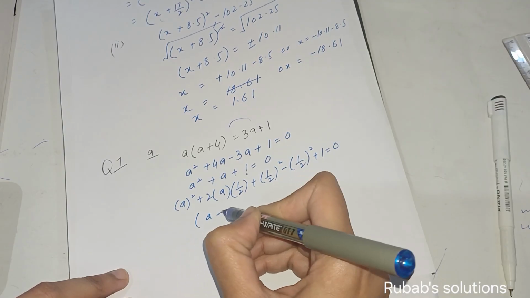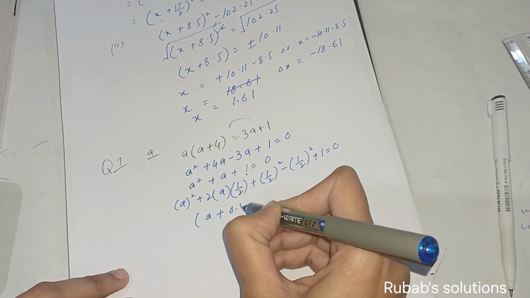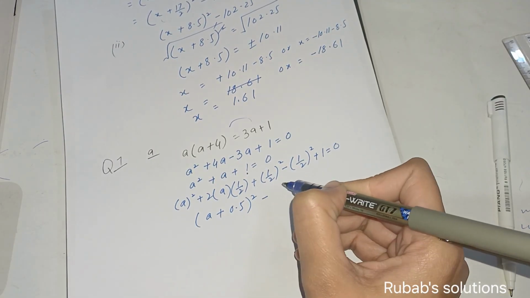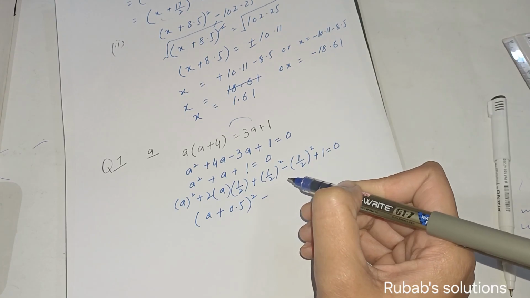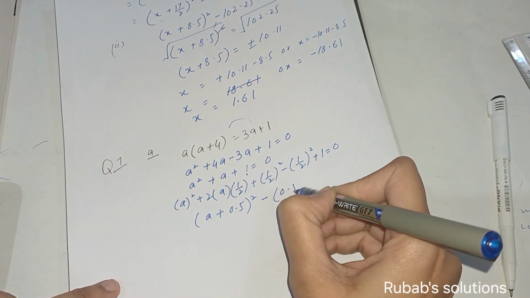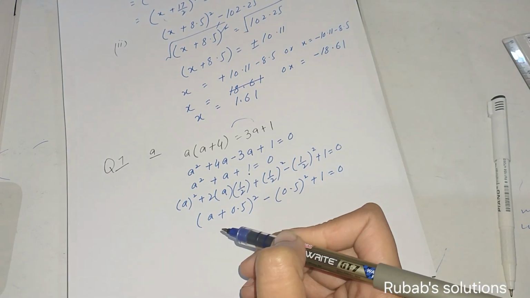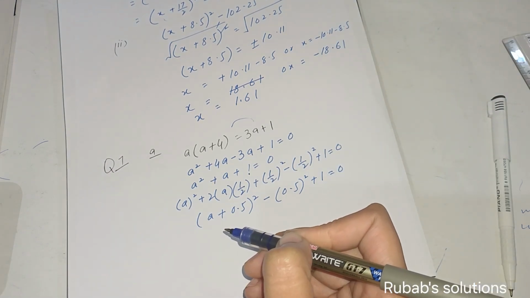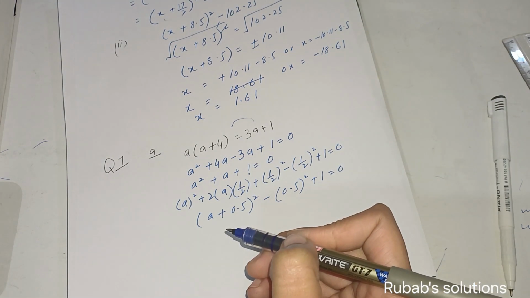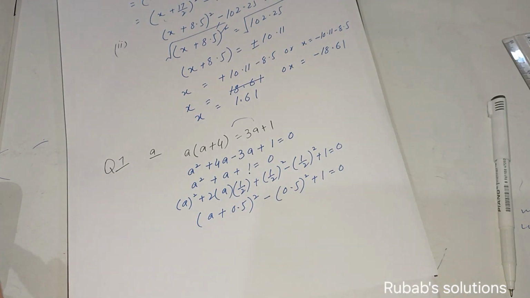So it will become a plus 1 by 2, I can write as 0.5 square, minus, from here it is also 0.5 square plus 1, this is equal to 0. So 0.5 square will be equal to 0.25.